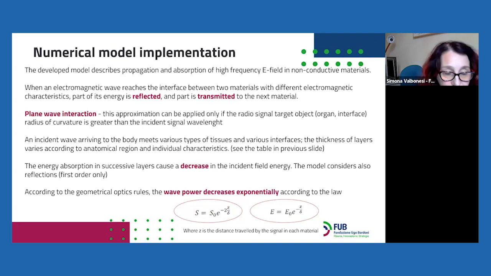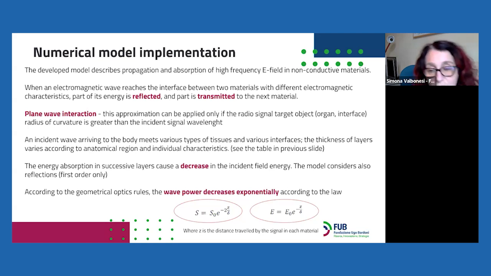So this plane approximation is okay for field from 6 gigahertz to the terahertz radiation, while at lower frequency the above condition is no more valid.